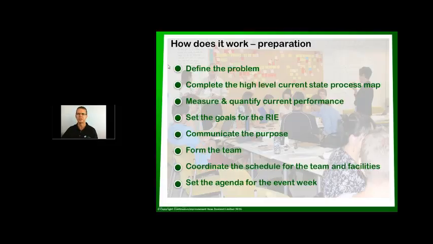You need to understand the current state process map. Okay, and you'd have an option of either doing a detailed process map prior to the event or during the event itself. And you need to gather some data and understand how that process is performing at the moment, and work with the sponsor to set the goals for the event.